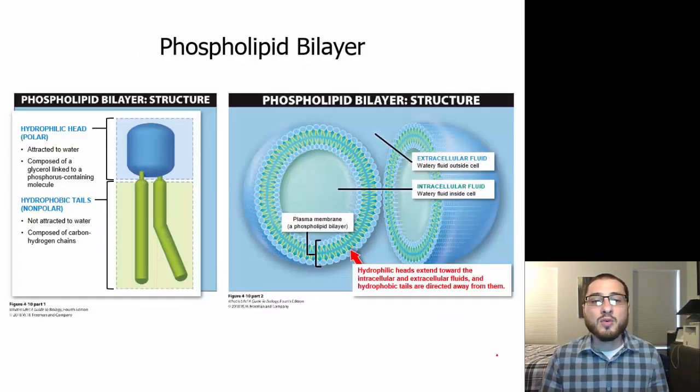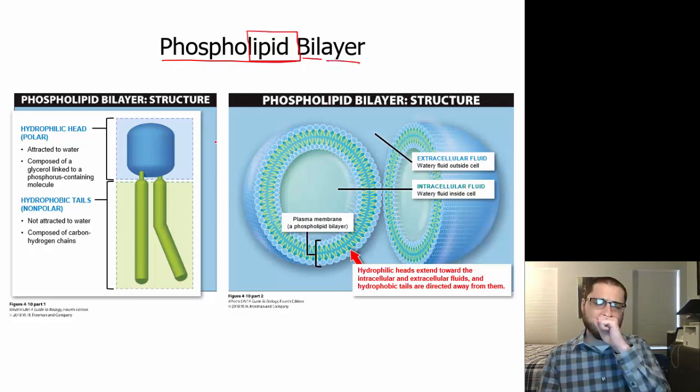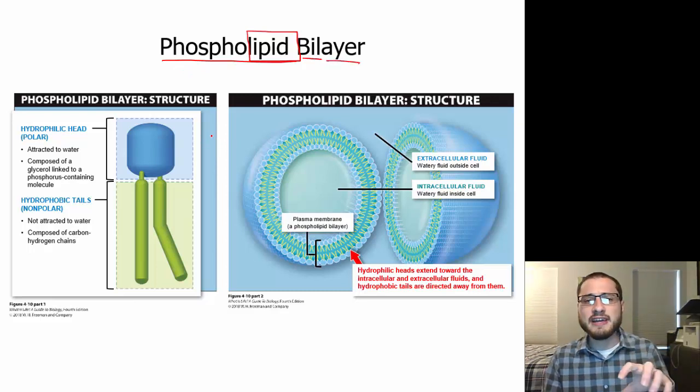So when we talk about a phospholipid bilayer, well, it's made up of phospholipids. Remember we talked about lipids, we talked about fats, oils, waxes, those are lipids. Well, this is a certain type where we talk about phospholipids, and it's two layers of these, so we call it a bilayer. Each layer has these components to it, these phospholipids, and the phospholipids are broken up into these two portions.